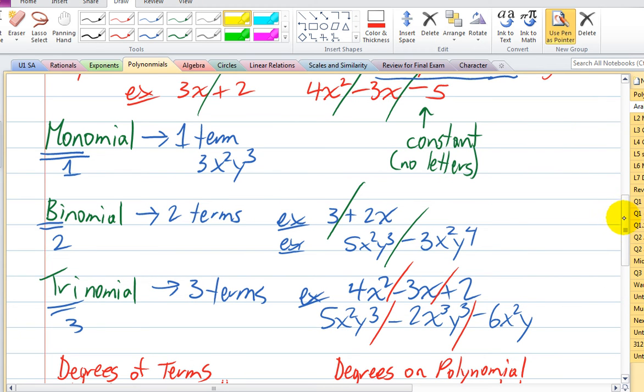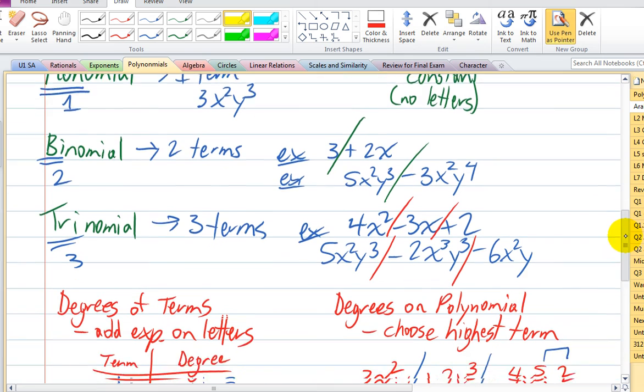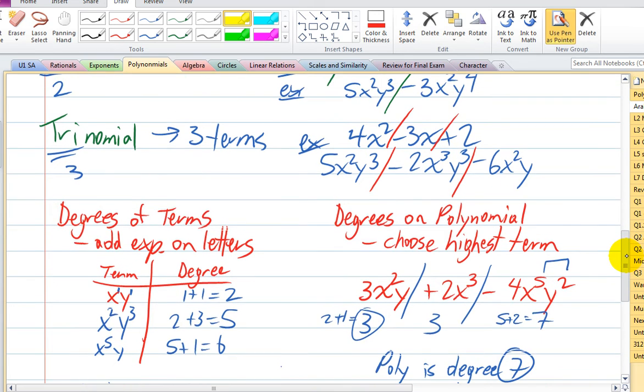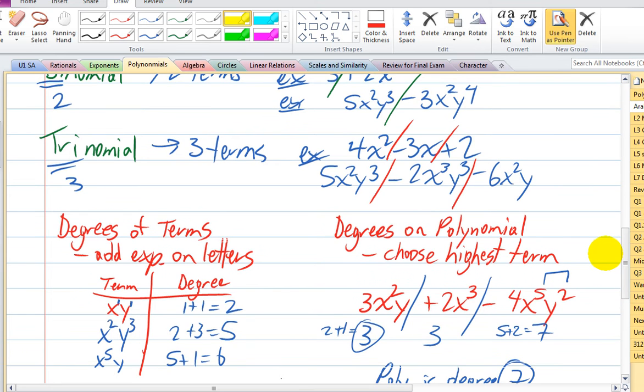Now we're going to go into degrees and degrees of polynomials. Let's just focus on this one first, degrees of the terms. Just write that down. I'll go slow. For each term, you add the exponents on the letters, only on the letters. Here we have some examples of just some terms. I'm adding the exponents.